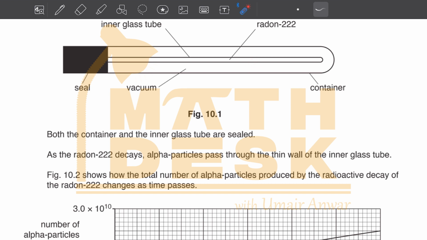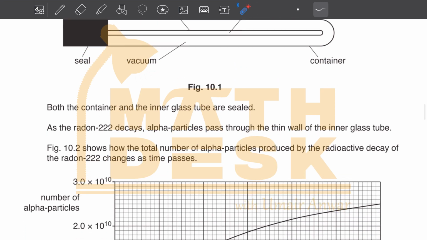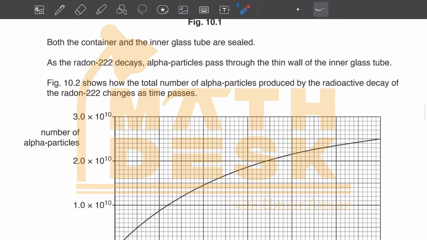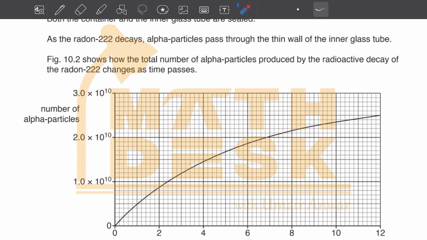Figure 10.2 shows how the total number of alpha particles produced by the radioactive decay of the radon-222 changes as time passes. So initially there were no alpha particles, so the count at the initial time is 0, and as the days pass, the number of alpha particles produced is increasing in a specific way, which when plotted on the graph gives a curve over here.